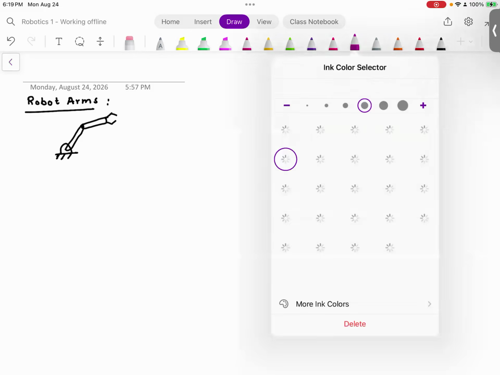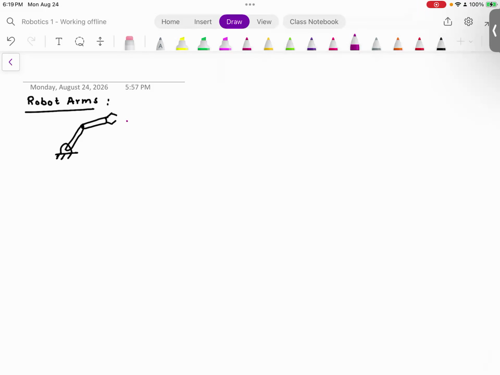So this end part is called the end effector. And this is called a link. And two links are connected by a joint. So what you have here is a joint.